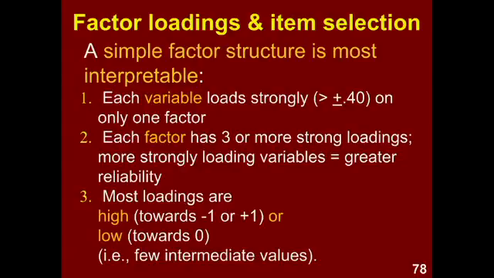So a weak loading is really anything below about 0.4. Now, preferably, but not always, we would like a factor to have more than one item. So ideally we're hoping to have factors built of, say, 3 or more items. Doesn't always happen.